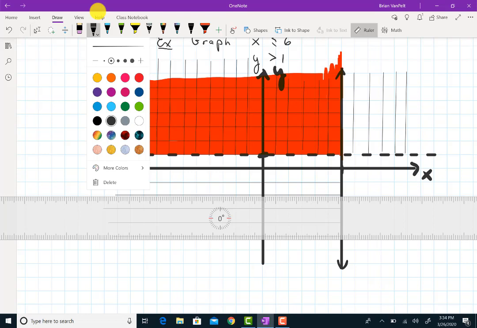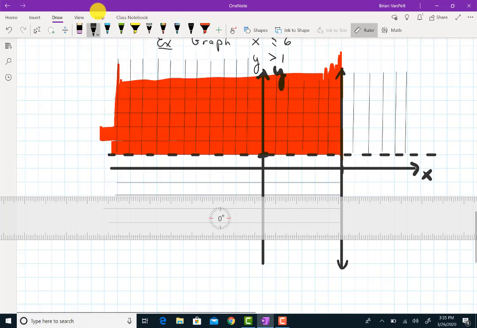All right, pick some point in the region. Maybe the easiest point is to pick something on the y-axis. The x value is 0, sorry. The y value is 1, 2, 3, 4. So that's what I'm going to check: (0, 4).